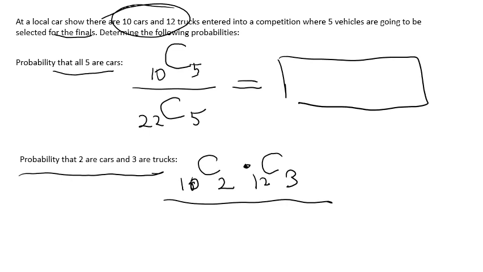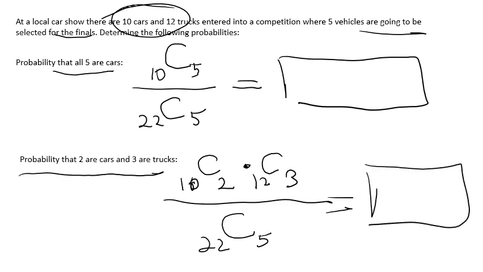We're not concerned with any order here because we're just selecting finalists, right? It doesn't matter if you're first or third because you're a finalist. The denominator, again, we just need to pick 5 vehicles from the 22. You do the math, you get the answer. Again, this is just a button on your calculator, right? Got it. And I think that is it.